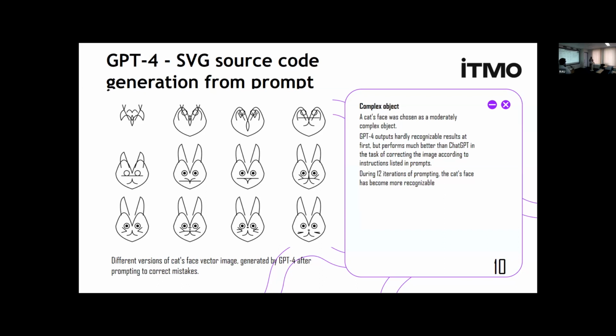Actually, on this slide, you were evaluating if it looks like a cat or not by yourself. Yes. And I believe it can be automated. We can just download an image and use some image recognition network, which could tell us if it's a cat or not. And then we can validate if the series of prompts you have used to generate it is valid or not.